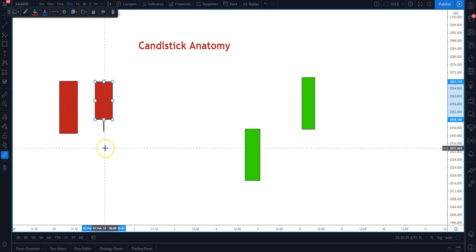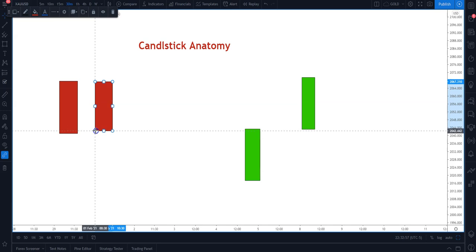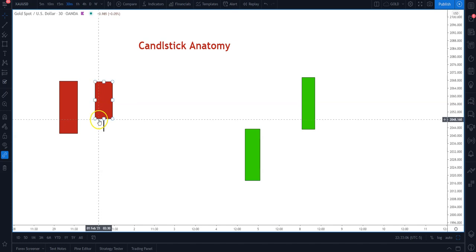So wicks are important. The shadows of the candlesticks are important because they show you where price was pushed. We use wicks to determine the direction of the market, or the momentum, the push of the market. For instance, if this wick is here, all that means is that before the candle closed, it faced some buying pressure. It was pushed up by buyers, but it wasn't pushed up all the way.